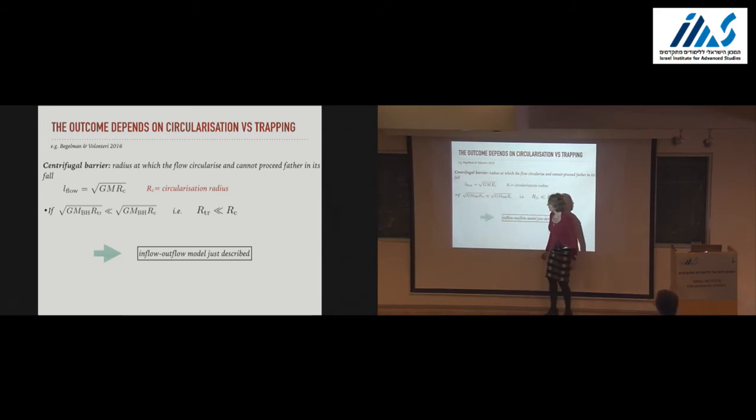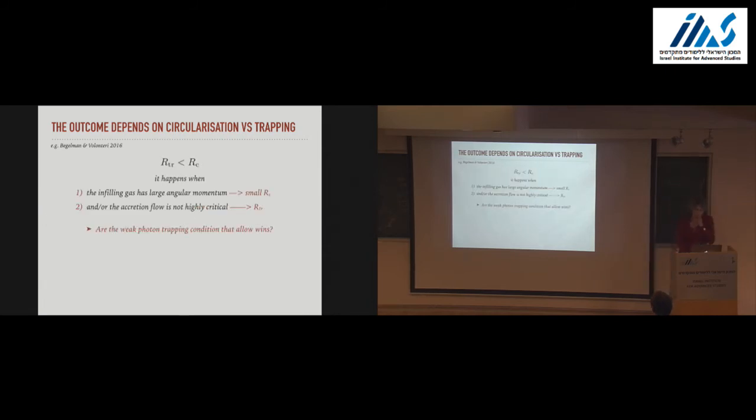If the specific angular momentum at the trapping radius is smaller than the angular momentum of the infalling gas, then we are in this situation. And we have the inflow-outflow model just described, in which we have a thin disk outside the trapping radius, and that becomes thick inside.